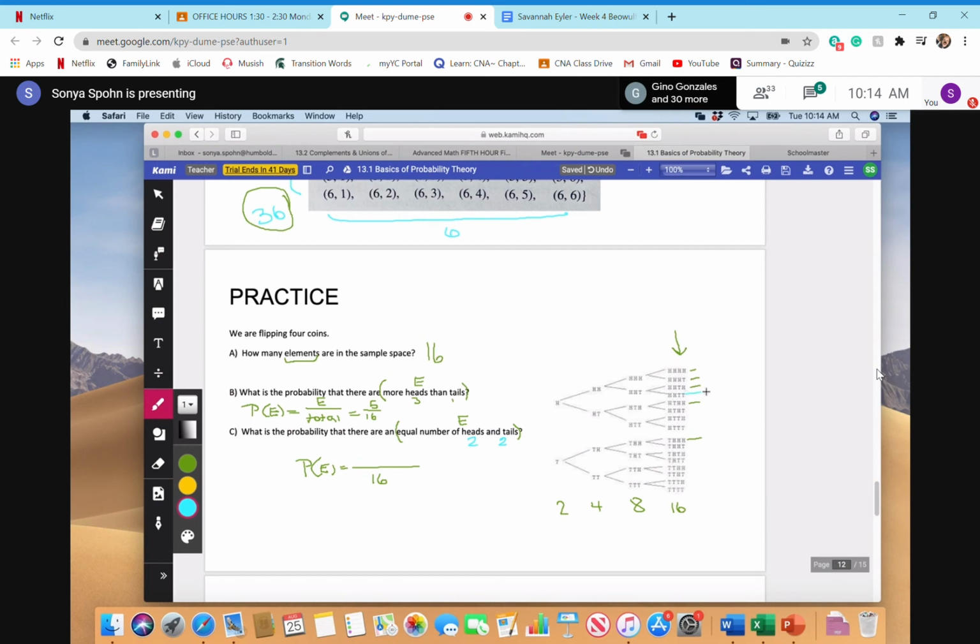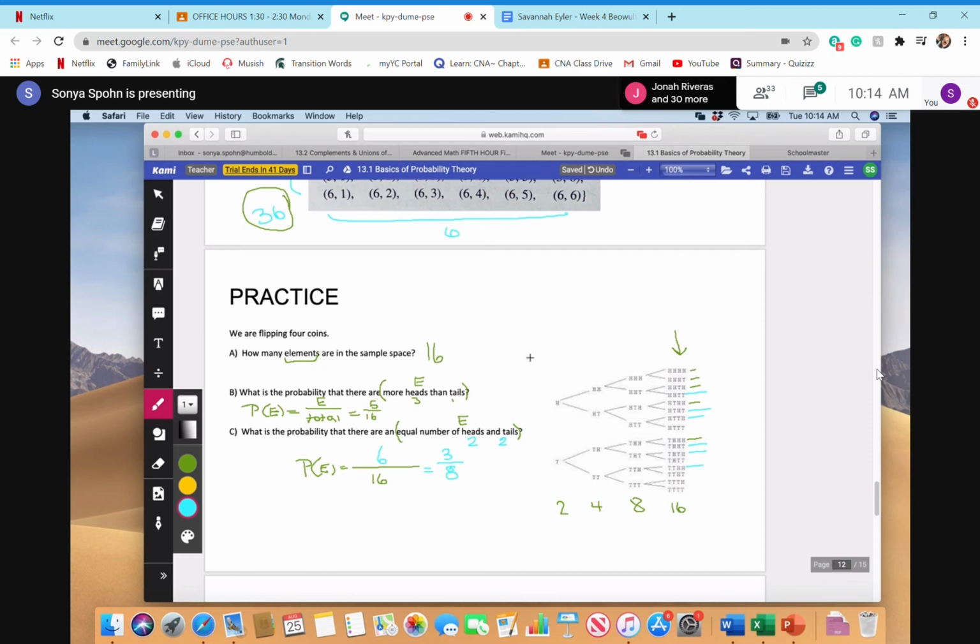So we have this one, this one, this one, this one, this one, and this one. So all my light blue ones I kind of marked, right? 2 heads, 2 tails, 2 heads, 2 tails. Did I miss any? That's 6 of them. And then we would always take our probability and simplify it. I know I can take a 2 out of those. So I'm going to make it 3/8 probability because I just divide it by 2, like simplifying a fraction.